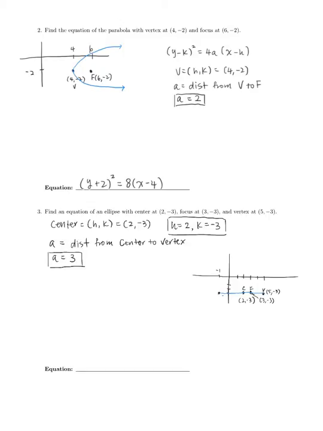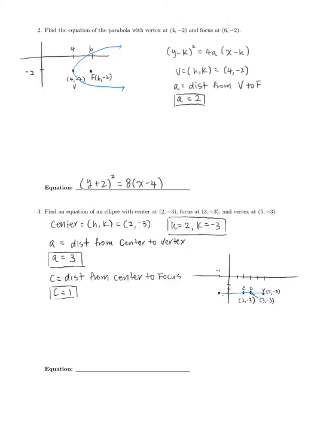All right, so we got a equals 3. Now c is the distance, and that c is not for the center. c is the distance from center to focus. So it looks like our c is going to be 1.